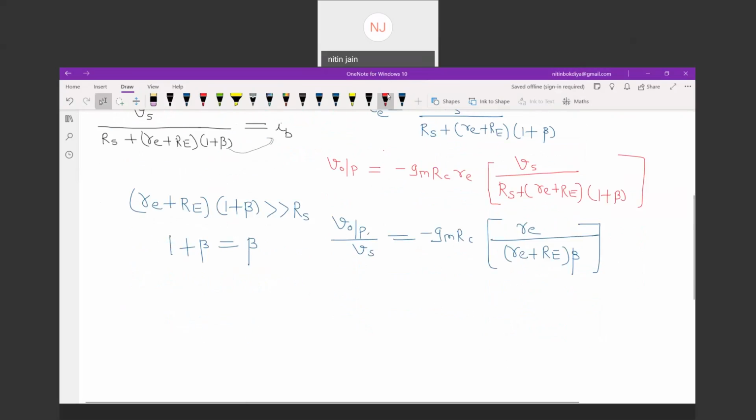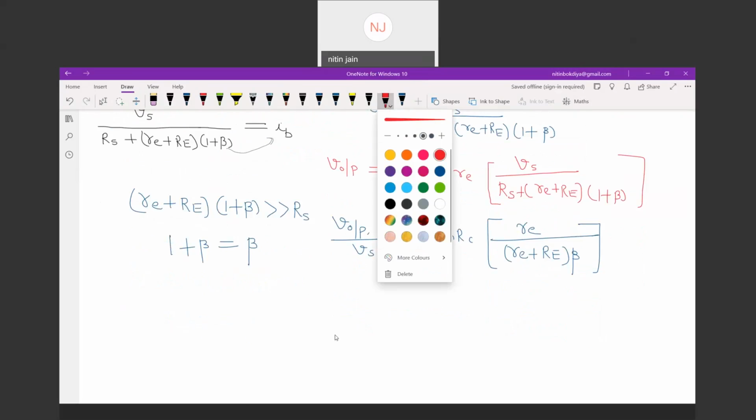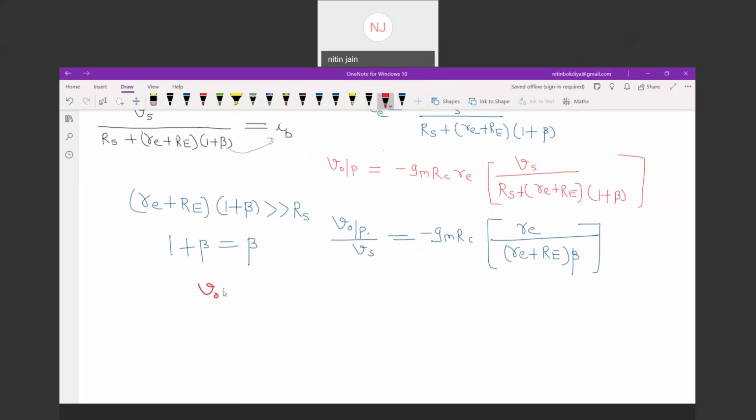Let's see further. So what I can say, V output by V input is minus GM into RC divided by, dividing this RE on top and bottom, how much will remain, 1 plus RE divided by RE into the whole equation multiplied by beta.